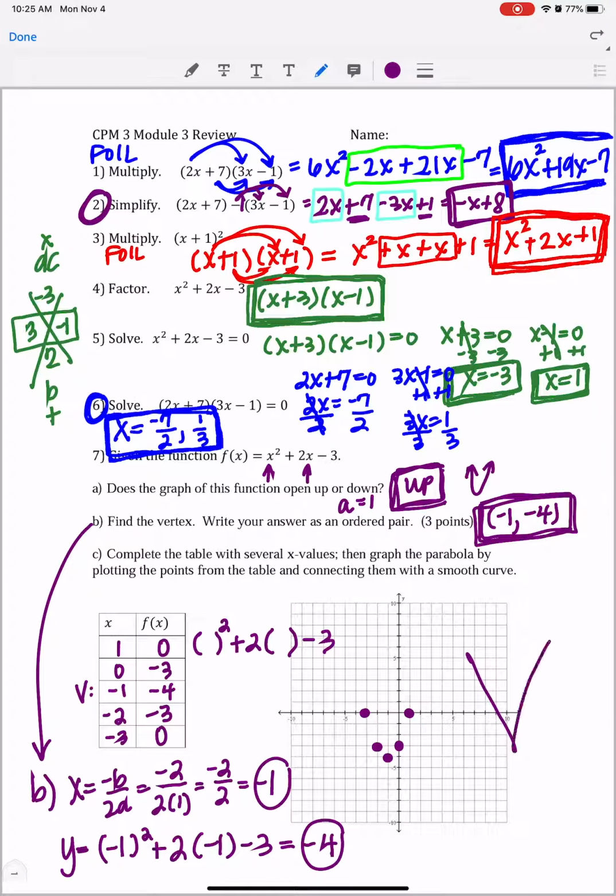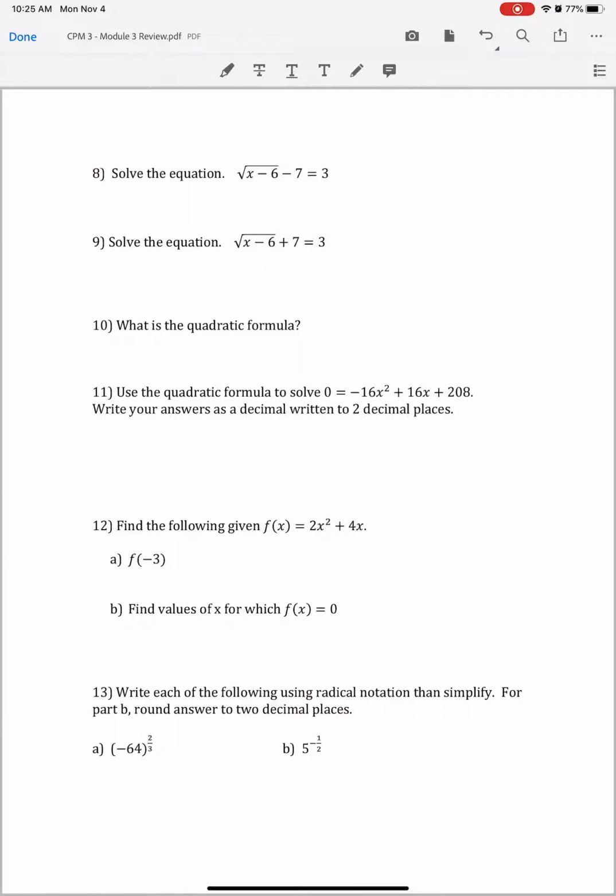What we do not want to see is like a sharp V. So around that. Okay, so something like that. All right, turn the page.